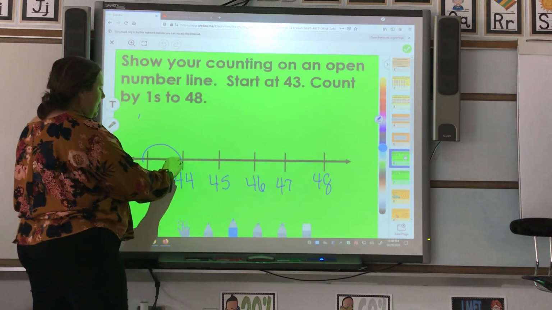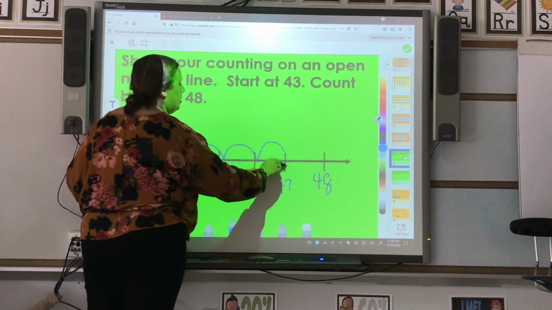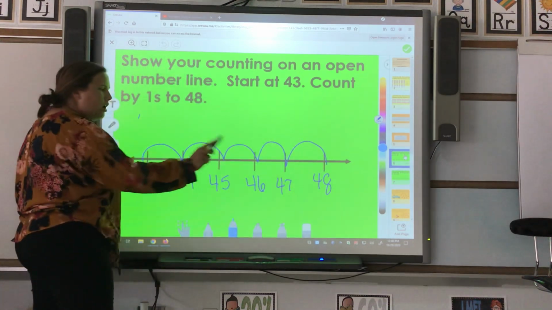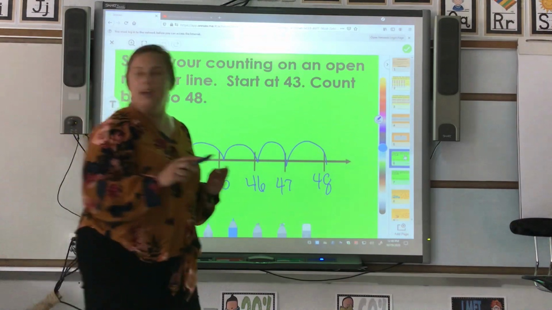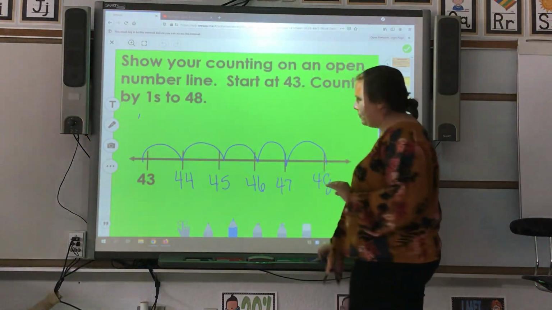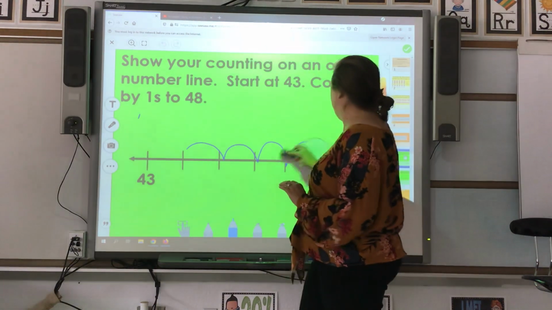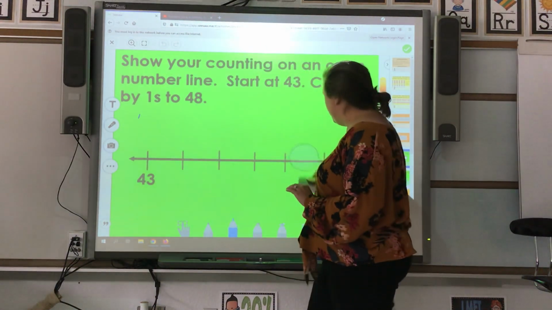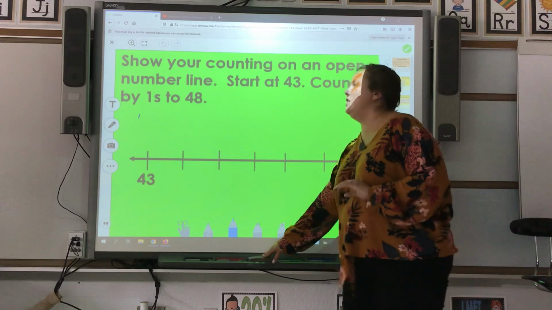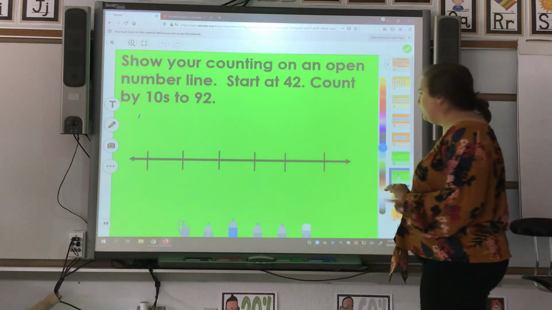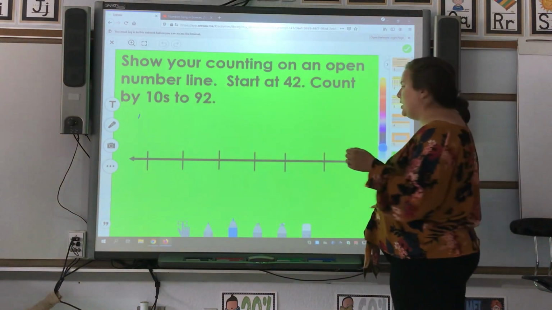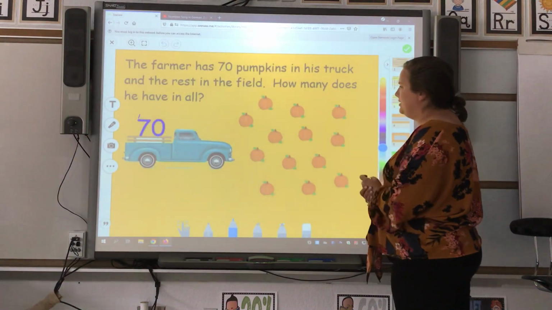So we have just added in our numbers, and we're counting by ones all the way to 48. I've really enjoyed seeing you guys use the number line strategy because that is one of Miss James' very favorites. We also have one for you to do up here if you want some extra practice.